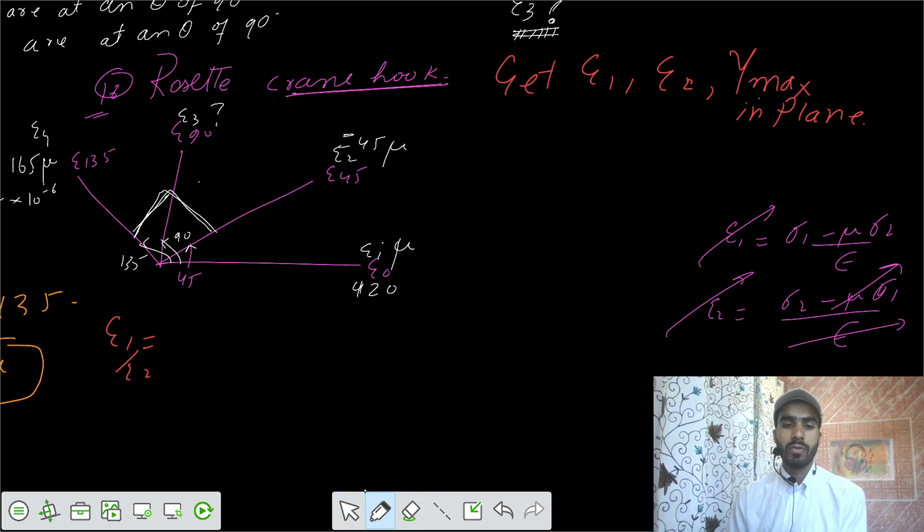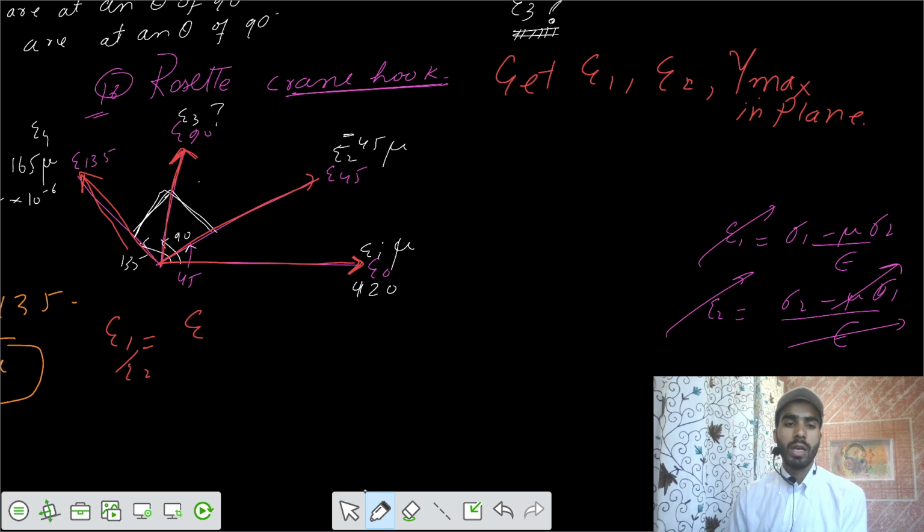We can select any two gauges, for example E90 and E0, or E135 and E45. The two should be at an angle of 90.